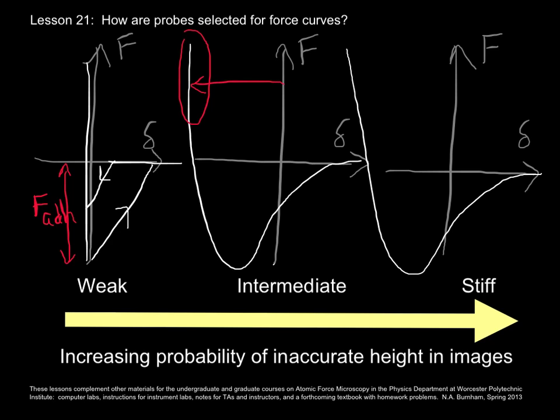And so this distance is the maximum distance of indentation. It won't indent any further. And there you're fairly safe with the height information as long as you do your imaging at lower force where the tip-sample interaction is not so strong.